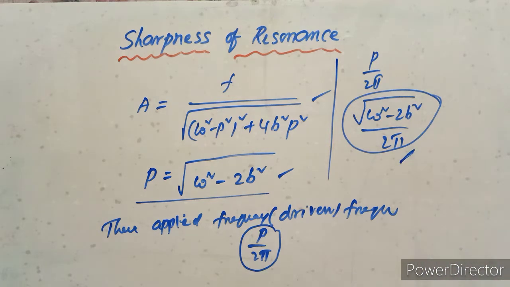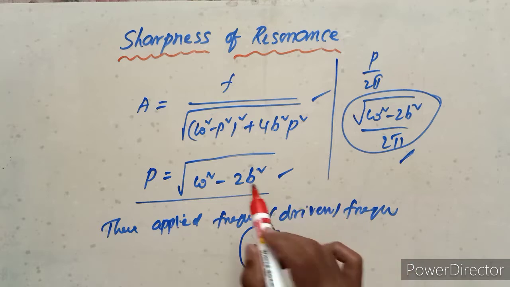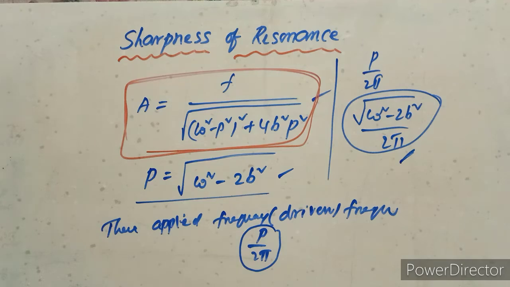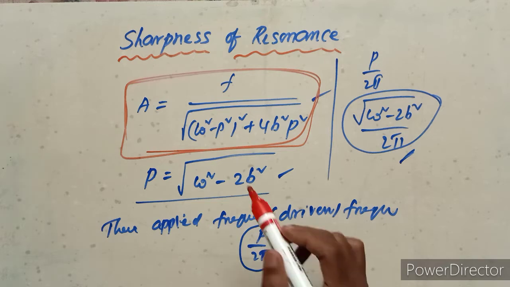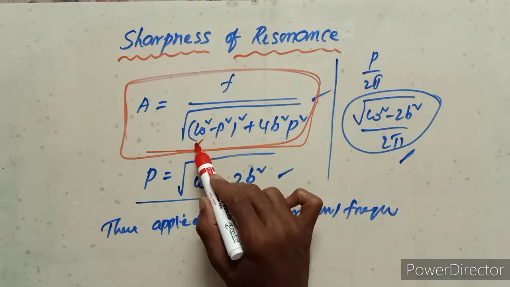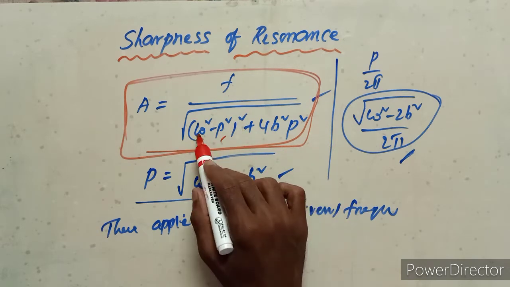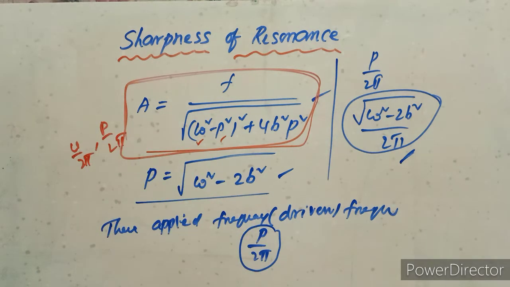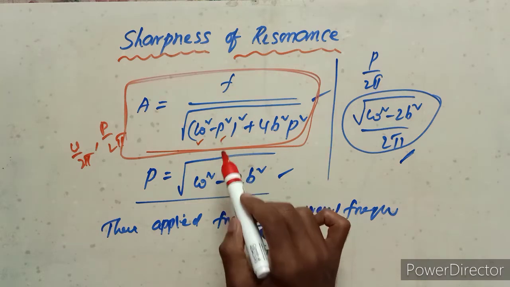So when the frequency changes from this value, the amplitude falls. Here omega upon 2 pi is the natural frequency, and p upon 2 pi is the driven frequency.